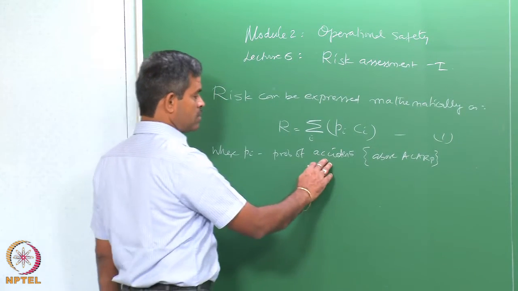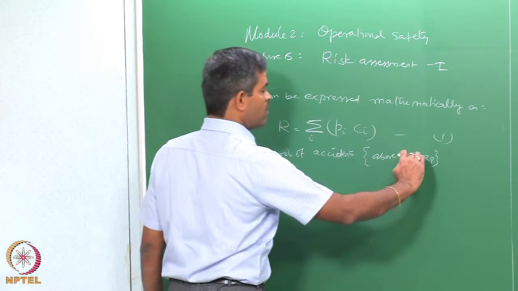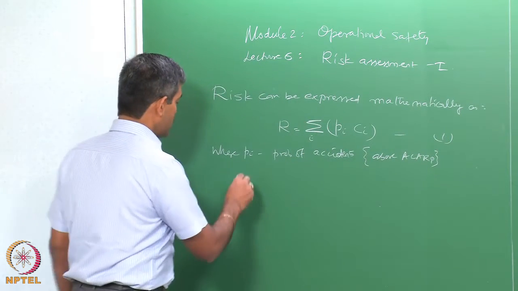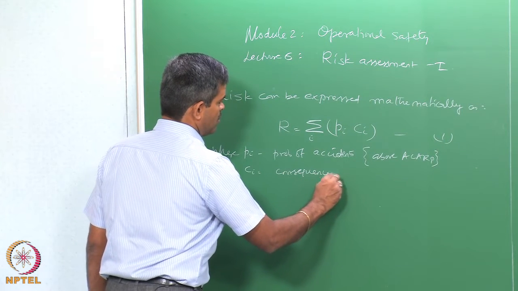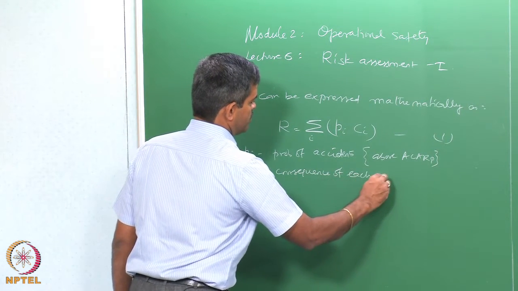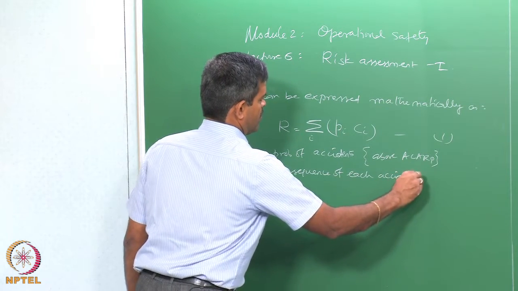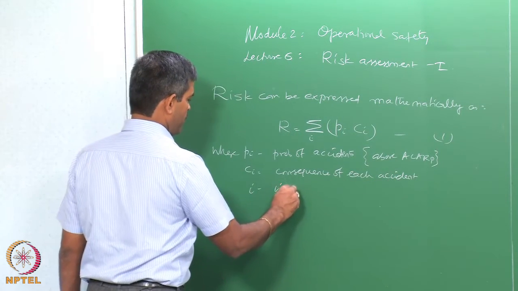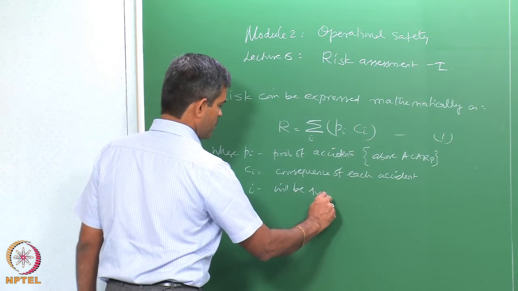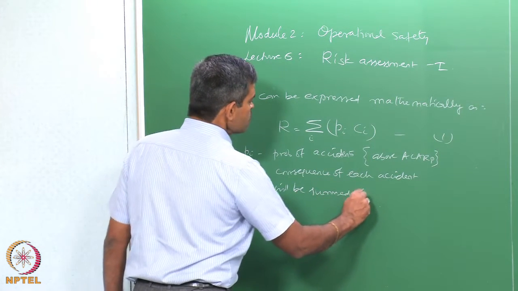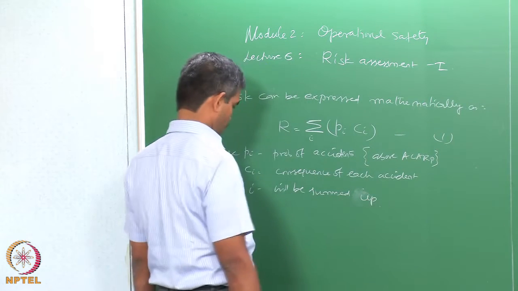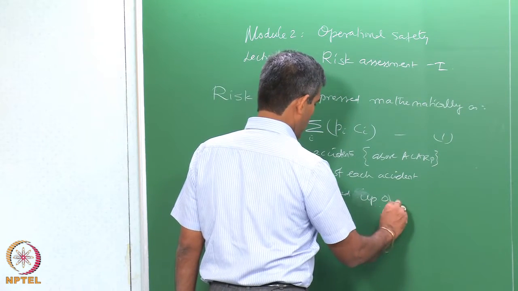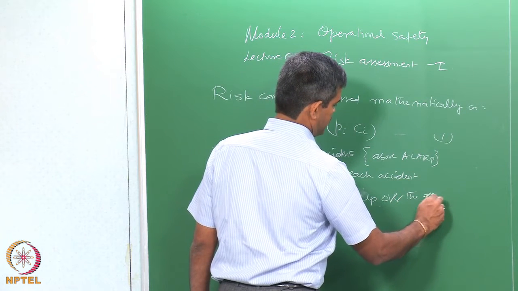So, those accidents which are above the acceptance level are only recorded here, and Ci is the consequence of each accident, where i will be summed up over the number of incidents.